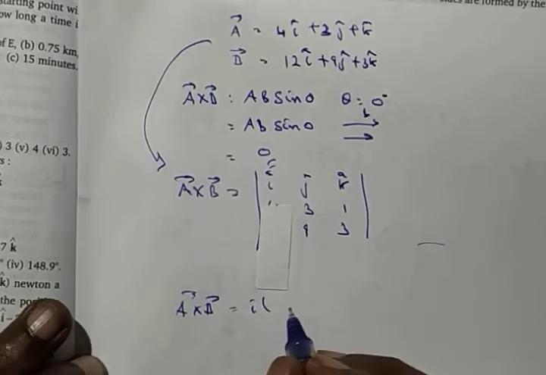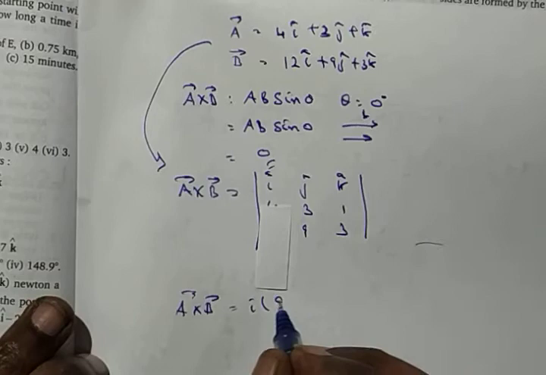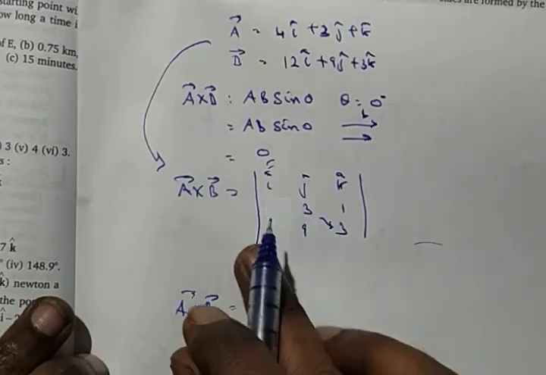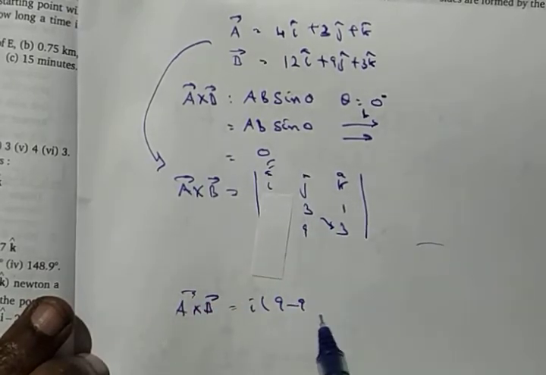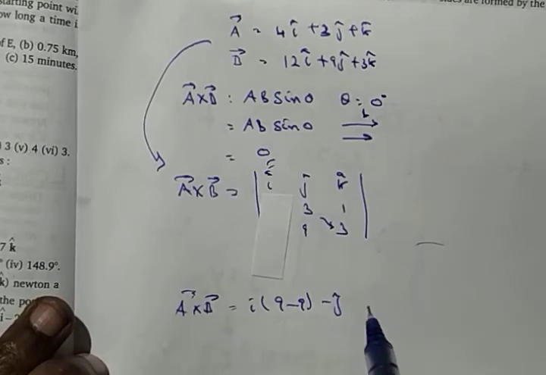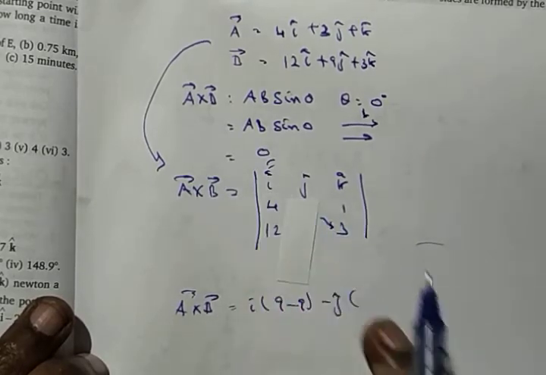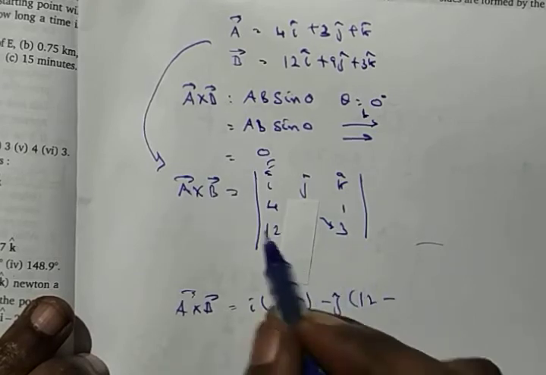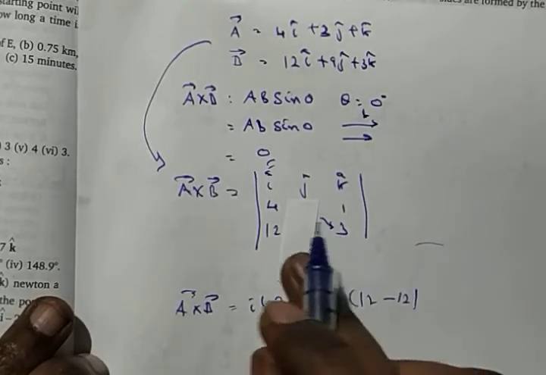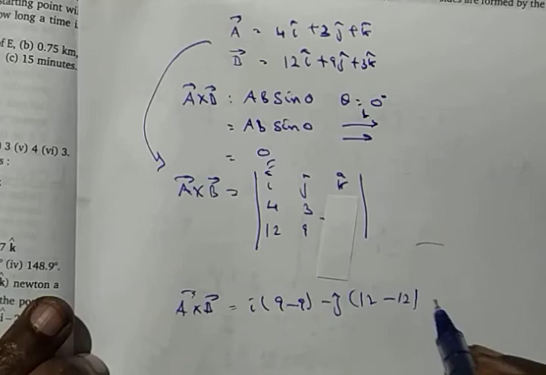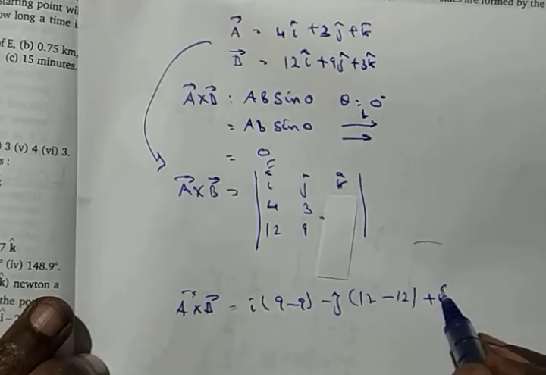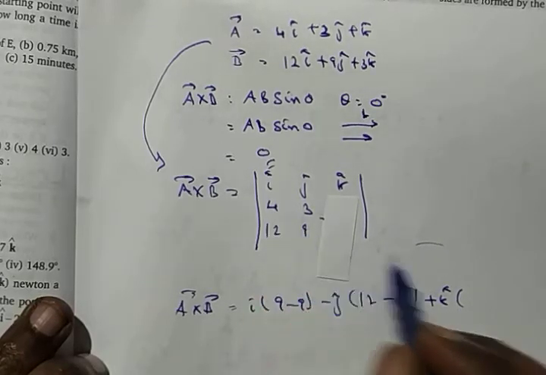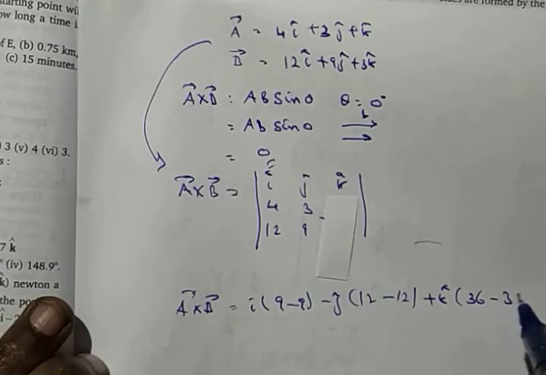i cap, this is 3 times 9, followed by this also 9, minus 9, minus j cap. So what is this one? 4 into 3 is 12, minus 12, and then do this one, plus k cap. This is 36 minus 36.